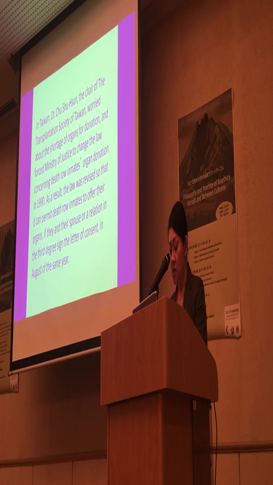As a result, the law was revised so that death row inmates could offer their organs if they and their spouse or relation in the third degree signed the letter of consent in August of the same year.